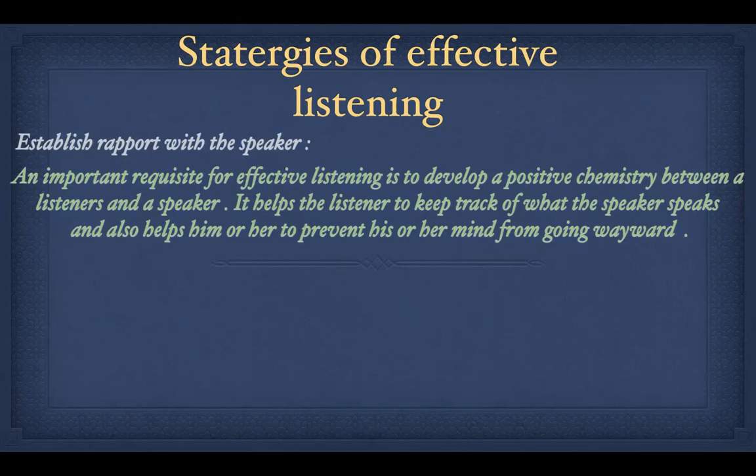If the listener is not paying attention to the speaker, the speaker cannot say the message properly, because their mind gets diverted. So we have to maintain some chemistry between the listener and the speaker. Next, eye contact.